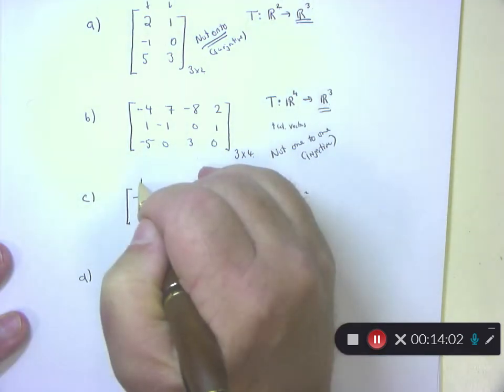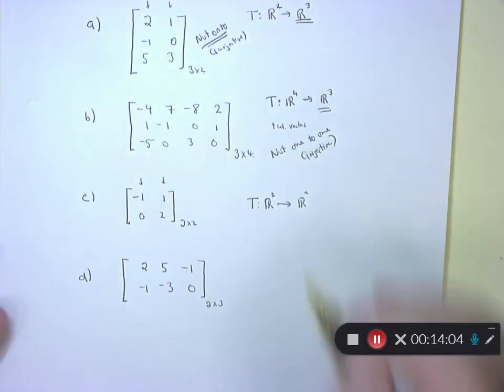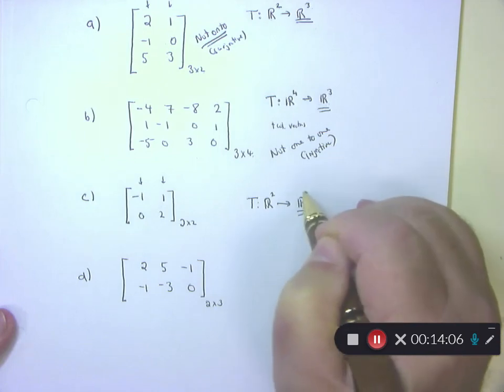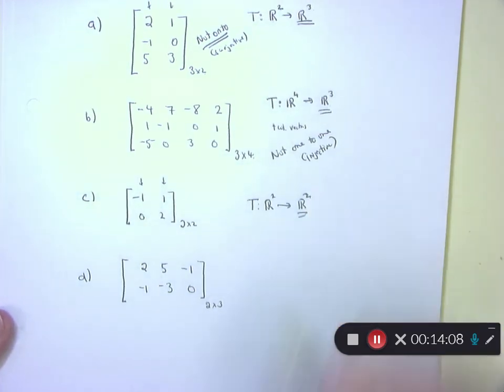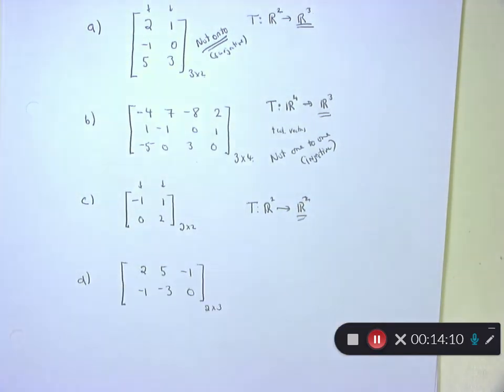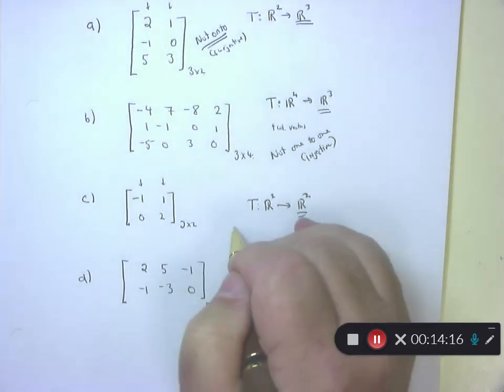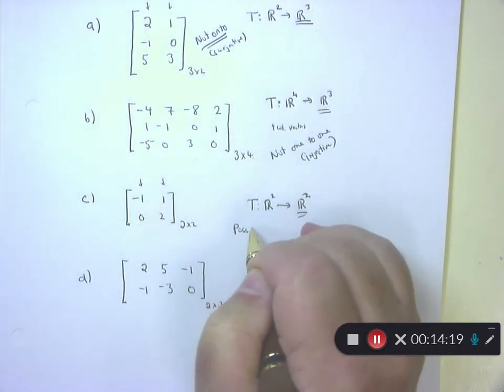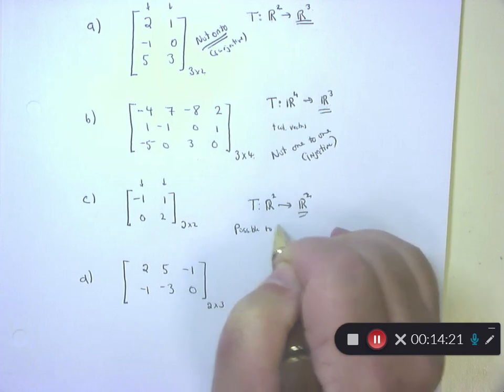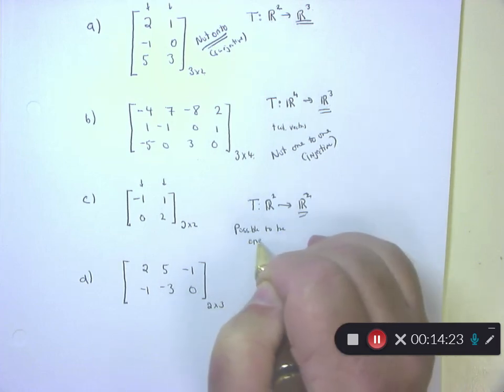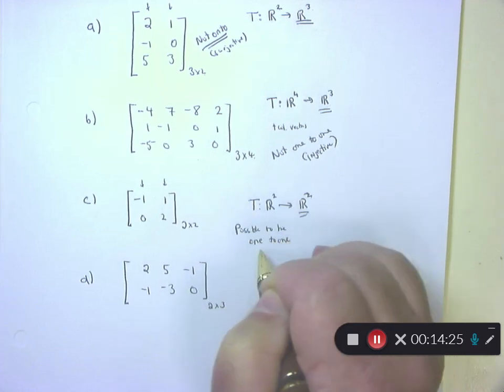And I happen to have 2 columns, which matches the second R2. This is what we're talking about, the RM thing here. So this guy here has the possibility of being what? It is possible to be what? One-to-one and onto.